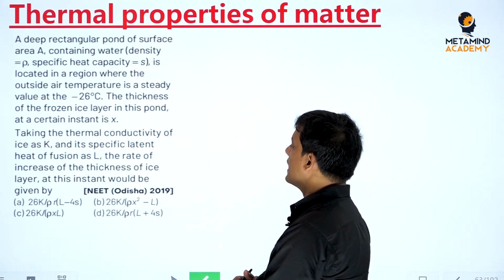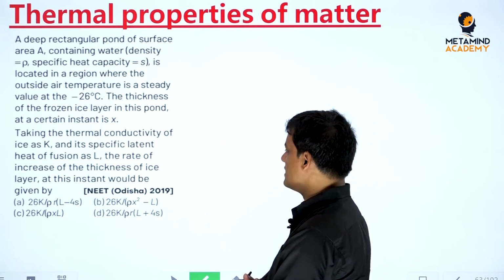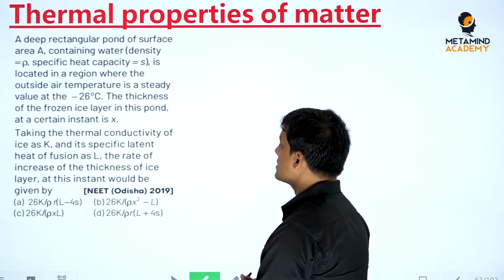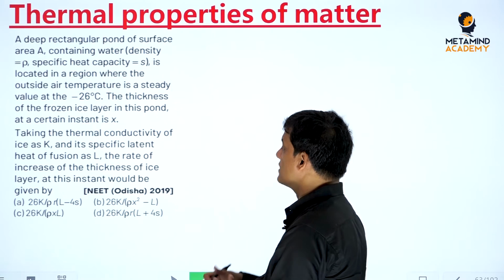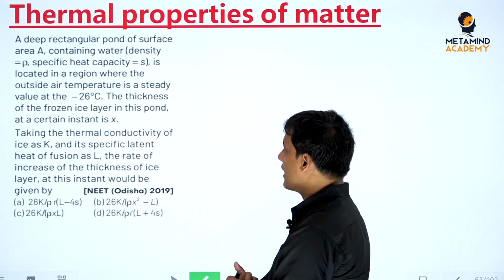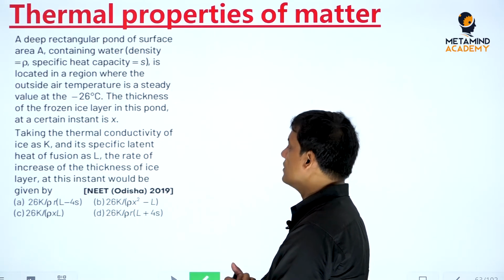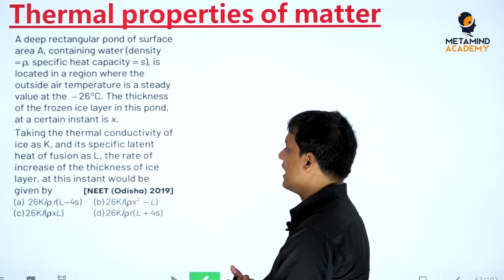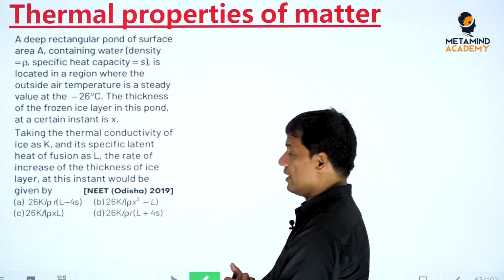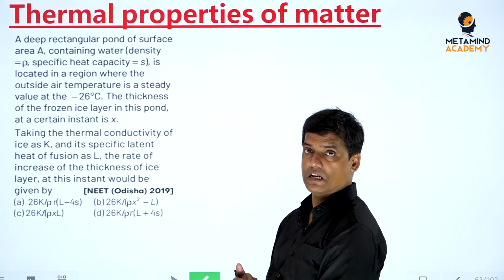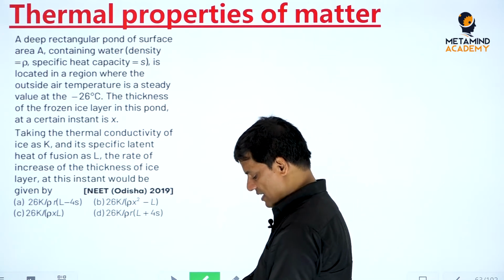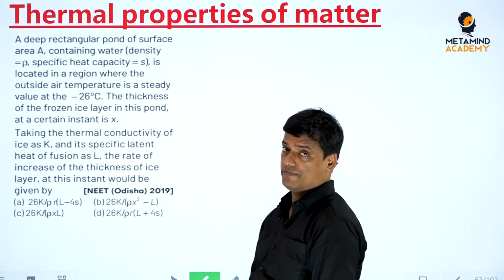Okay. Taking the thermal conductivity of ice as K and its specific latent heat of fusion as L, the rate of increase of thickness of the ice layer at this instant would be given by. Nice, good question. Okay, and it requires a lot of understanding.